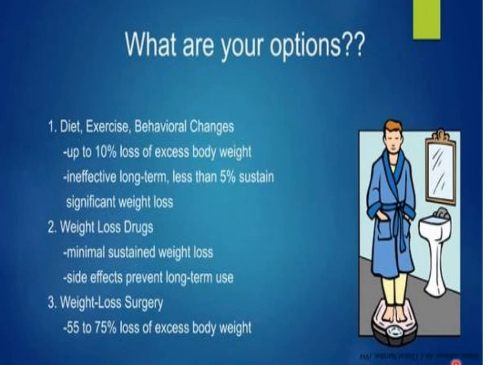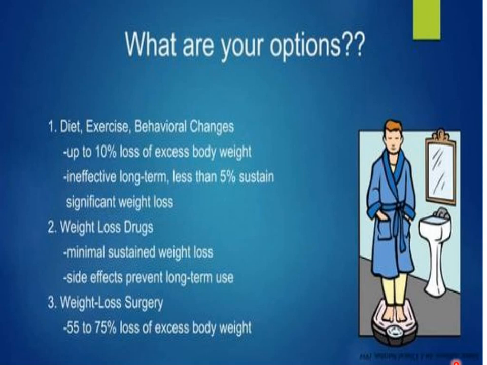These are the options for people who are morbidly obese. First of all, we will try diet, exercise, and behavioral change. This way, only 10% of their body weight will be lost. So it's not long-term weight loss, and the patient may be worried about that because they will be under stress.